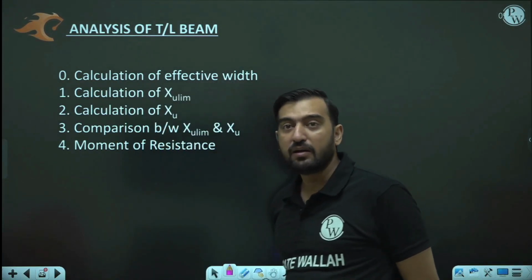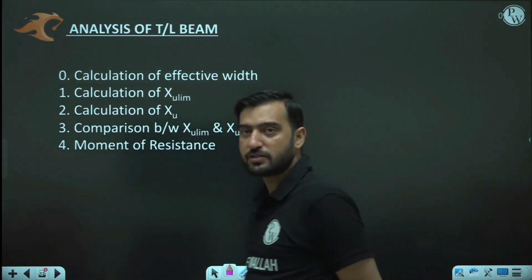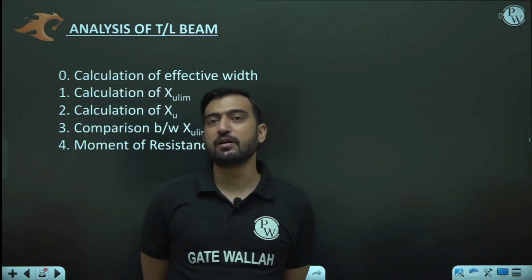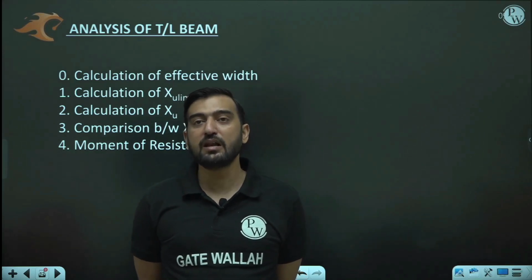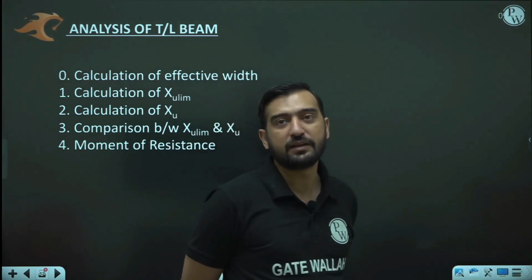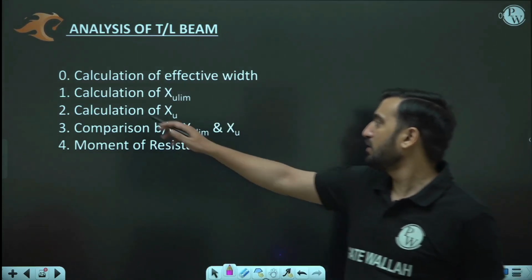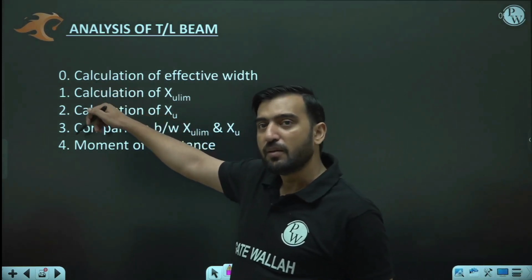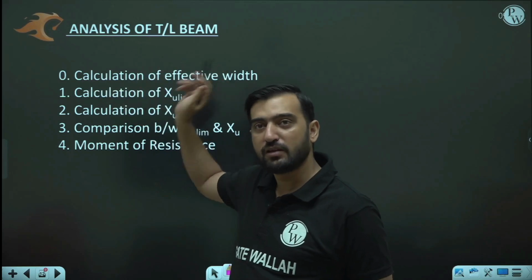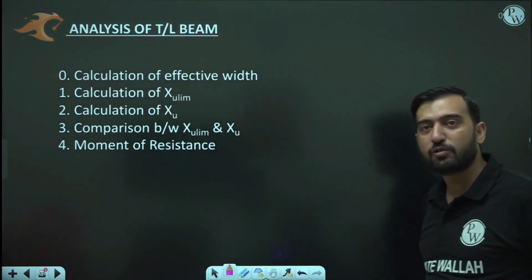Okay, entire analysis is based on effective width of the flange. First of all you should know how much portion of your cross section is literally effective, then only you are going to make your analysis as per that, isn't it? So step number 0, I didn't start it from 1, because now we have a habit of watching 1, 2, 3, 4. 1 is XU limit, 2 is XU, 3 is comparison, 4 is resistance.